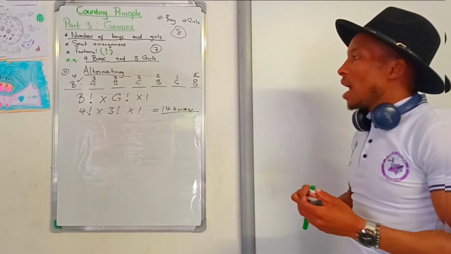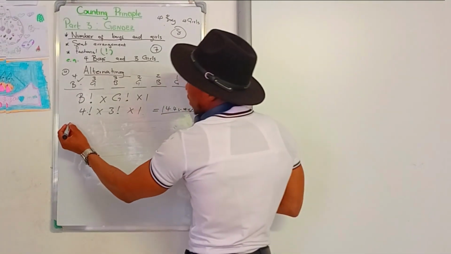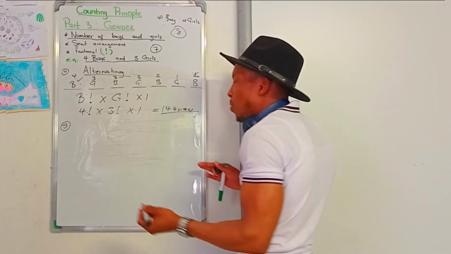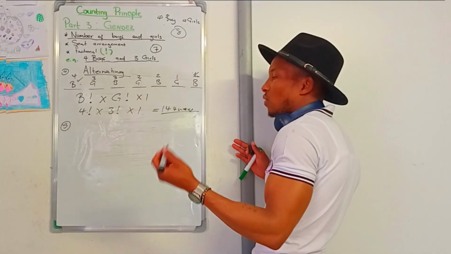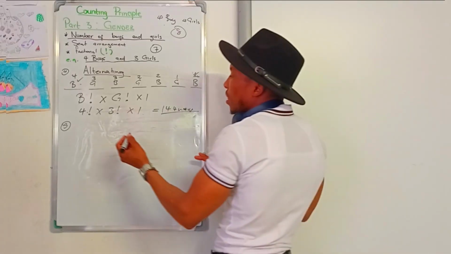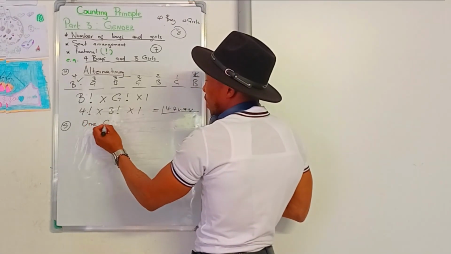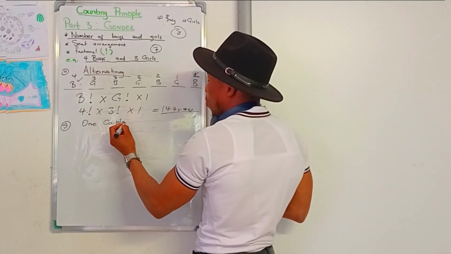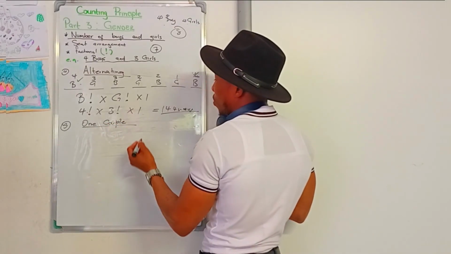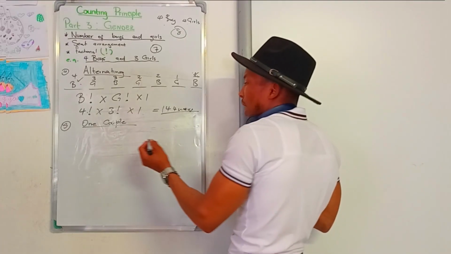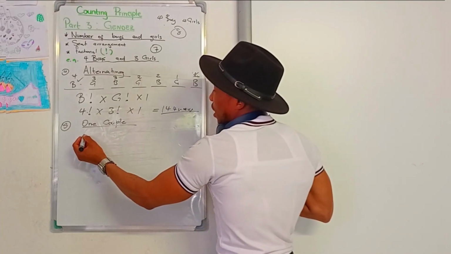All right. Then the last one says that the youngest brother and sister, let's say a couple, one couple sit all together.